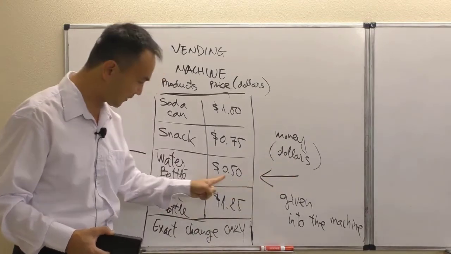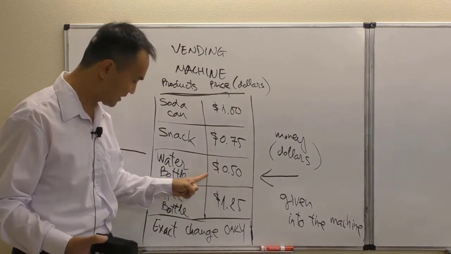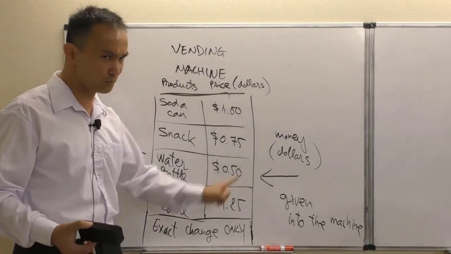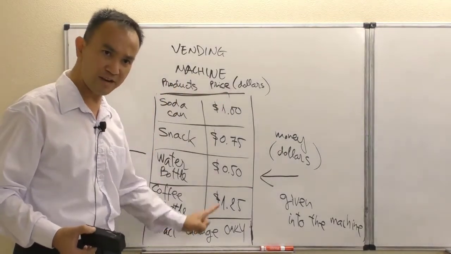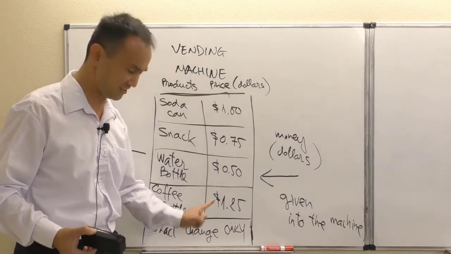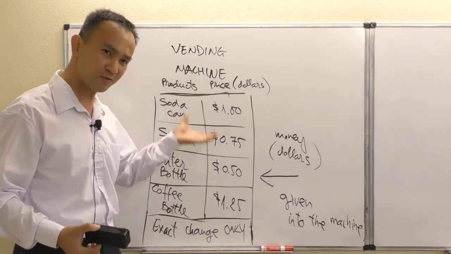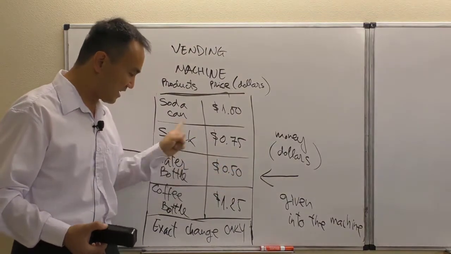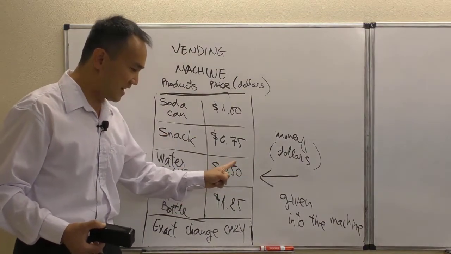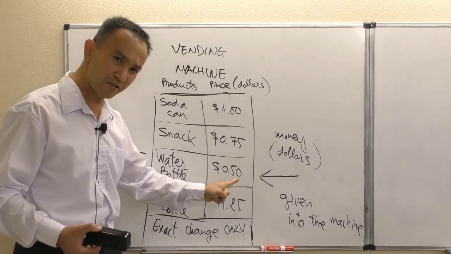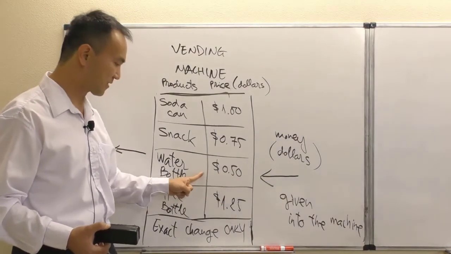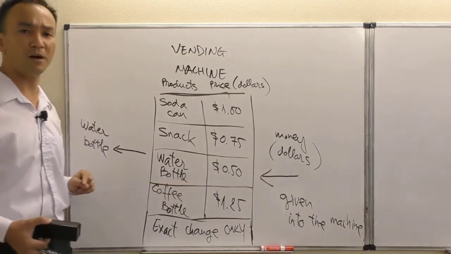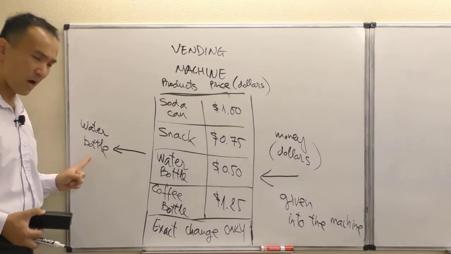The programmer that designed this machine set up a rule telling the machine that anytime it sees an exact amount of 50 cents, it's going to know to give you a water bottle. So the water bottle comes out right here.